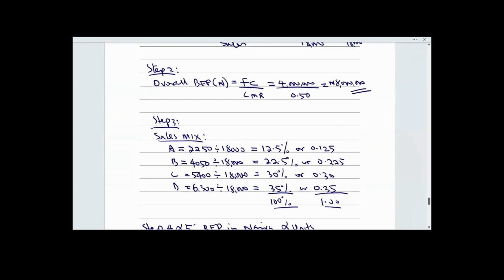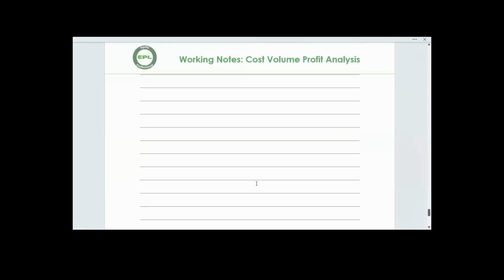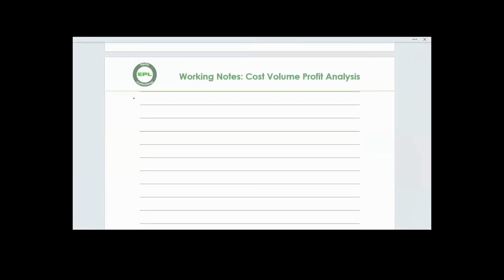So for part B, or requirement number 2, you have to determine the number of units for each product to earn a profit of 2 million. We have a targeted profit of 2 million. Therefore, for requirement number 2, you repeat the procedures again.